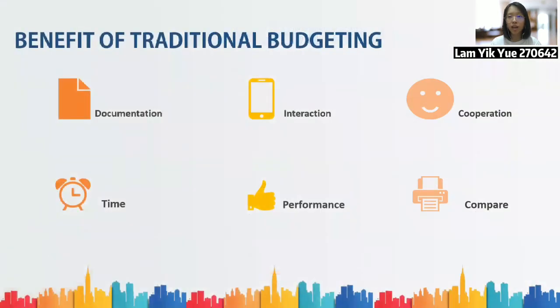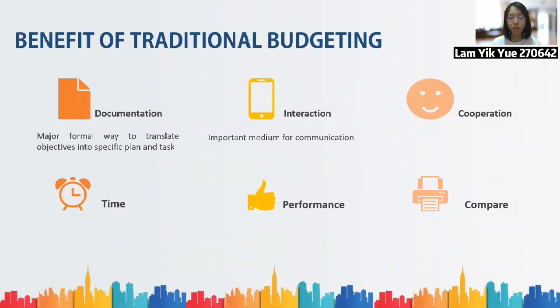Next, we will discuss the benefits and problems associated with traditional budgeting. The benefits are, first, it is the major formal way to translate objectives into specific plans and tasks. Next, it is an important medium for communication between upper-level management and lower-level employees.